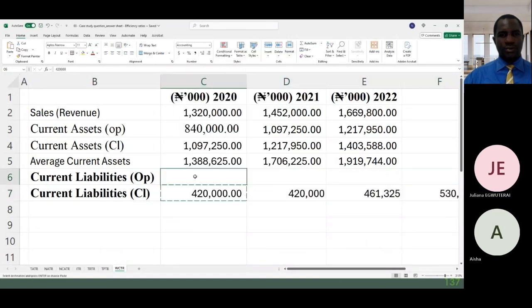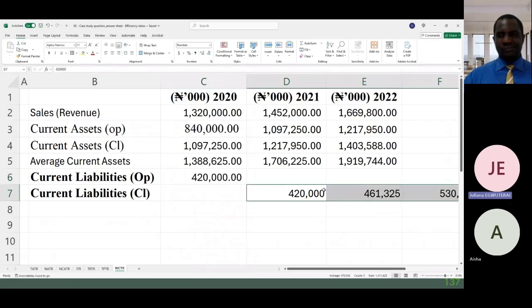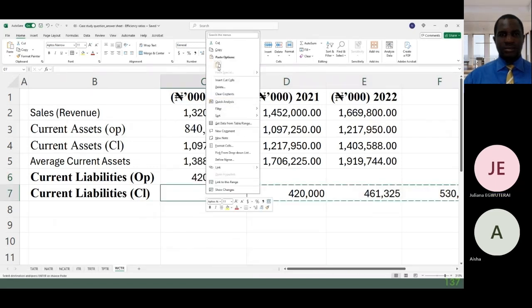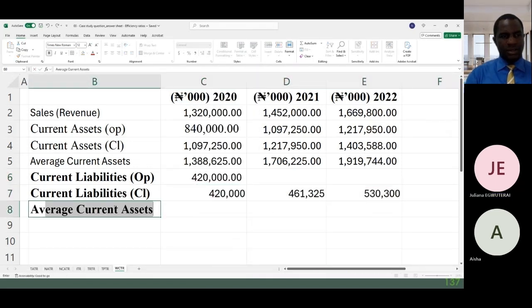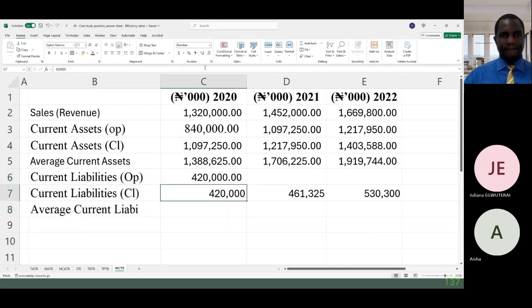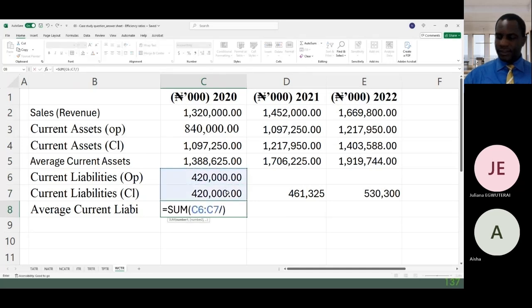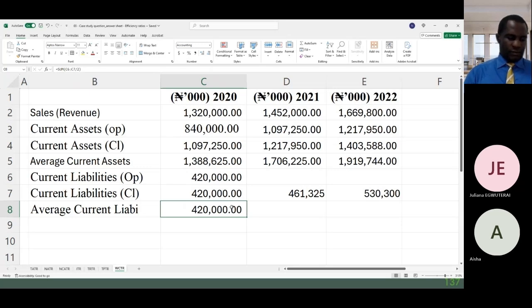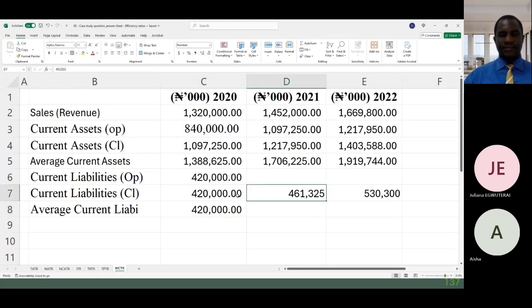With this opening and this closing, we now have average current liabilities. So 420 plus 420 divided by 2 is the same 420 exactly.